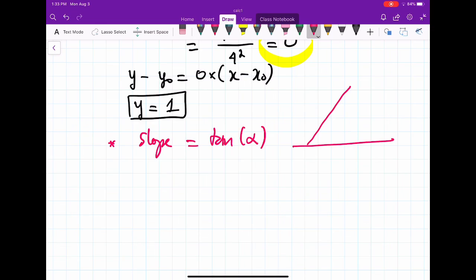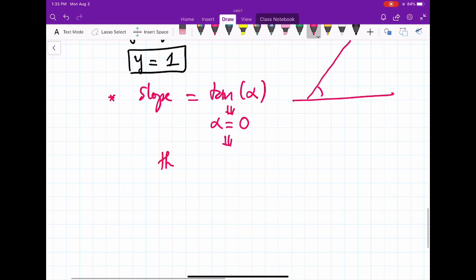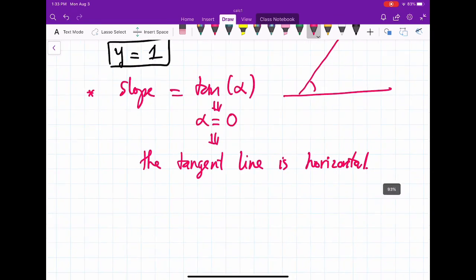Is that correct? But the slope is 0. That means alpha is 0. Is that right? Alpha is 0. That means the tangent line is horizontal. You see, that is interesting, right?